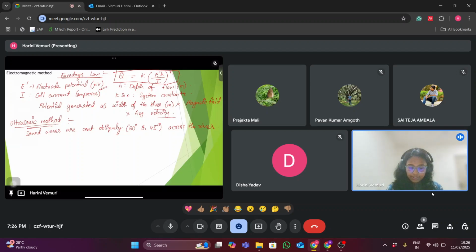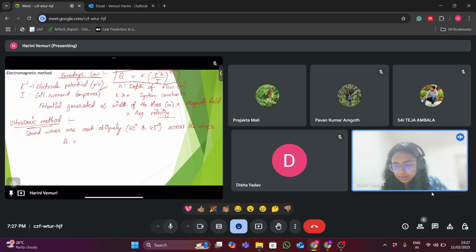And the average depth of flow is measured using a float recorder or equivalent instrument. Since we have the depth of the cross section and flow velocity, we can use the area velocity method and calculate the stream flow.